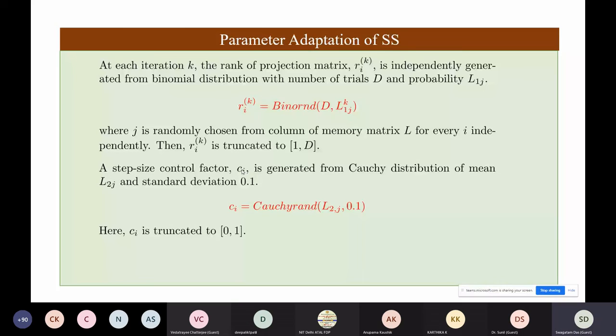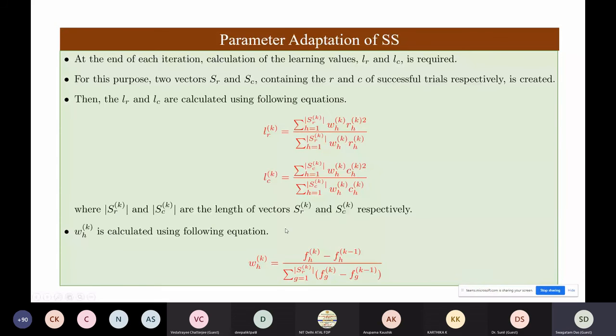At the end of each iteration, calculation of the learning values LR and LC is required. For this purpose, we keep two vectors SR and SC containing the R and C values of successful trials respectively, and LR and LC can be computed.